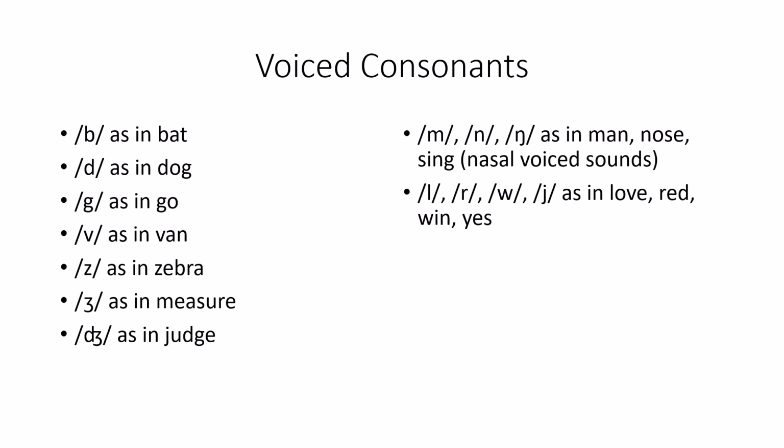On this slide, you can see the voiced consonants in the English language. What are they? B as in bat, D as in dog, G as in go, V as in van, Z as in zebra, the sound in measure, J as in judge, and also M and N as in man and nose, and the ng sound.